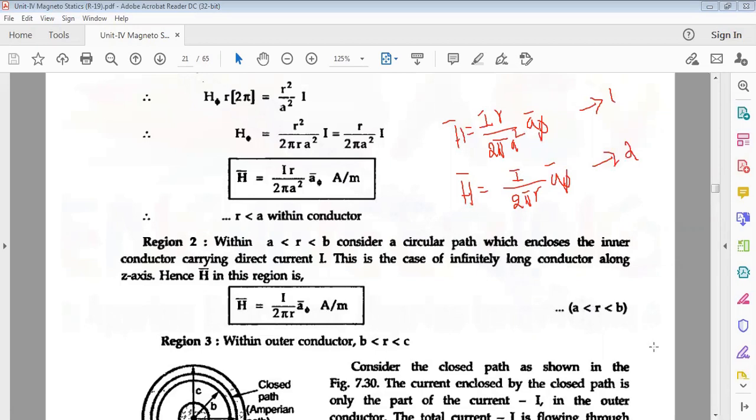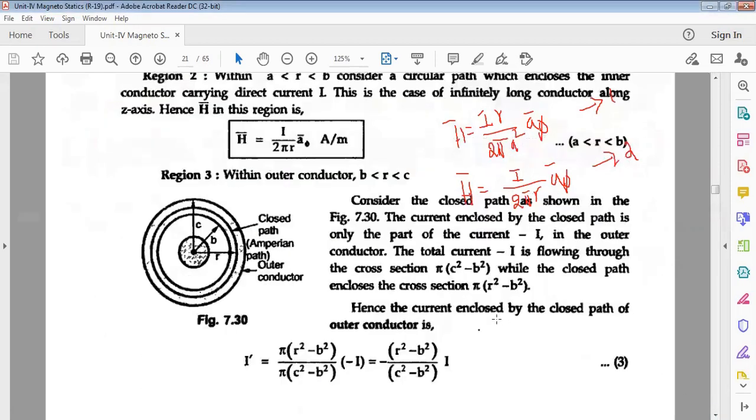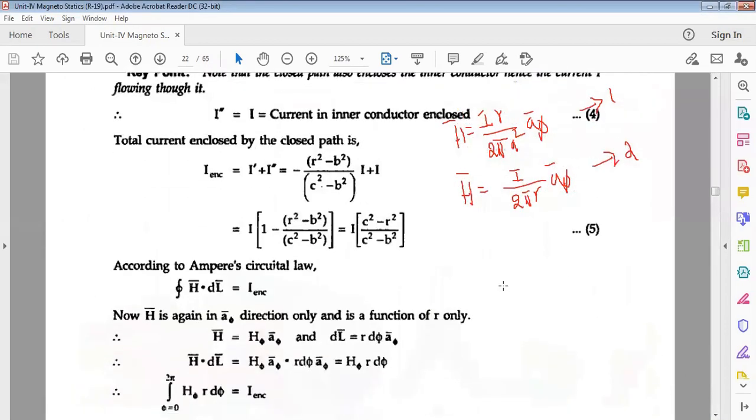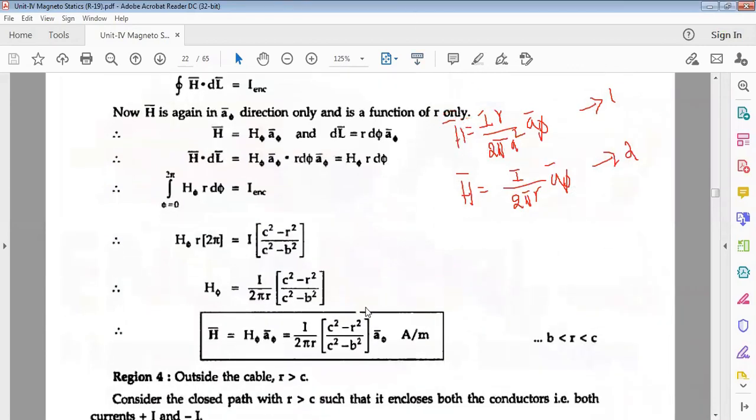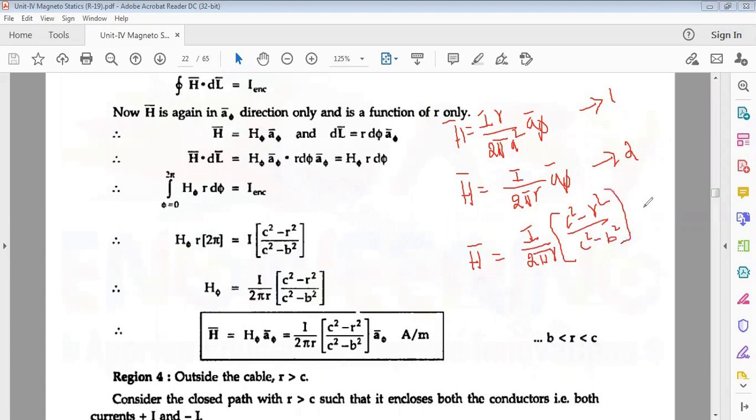And the third case, what is the third case? We got H bar is equal to I by 2 pi R into C square minus R square by C square minus B square.